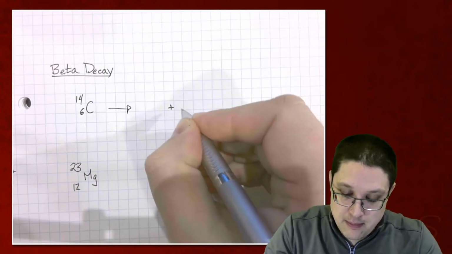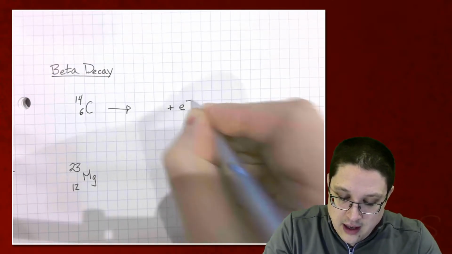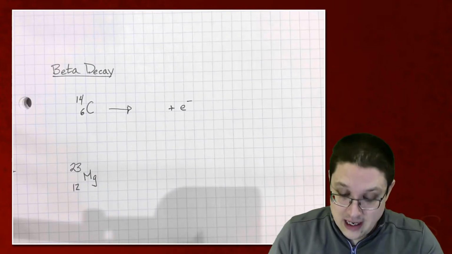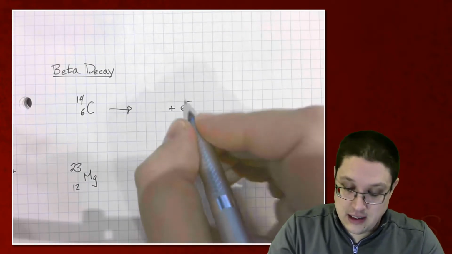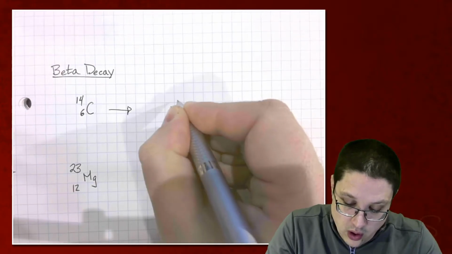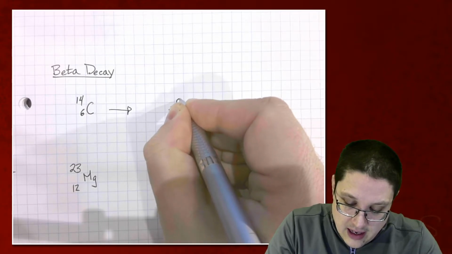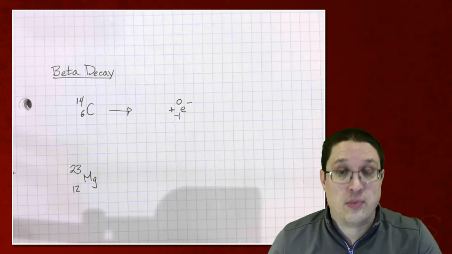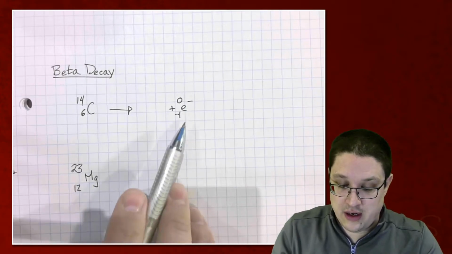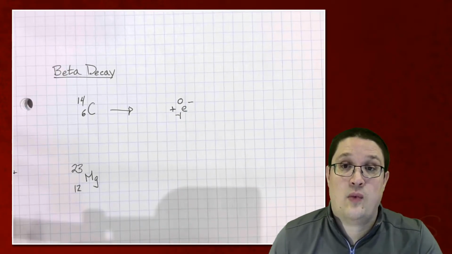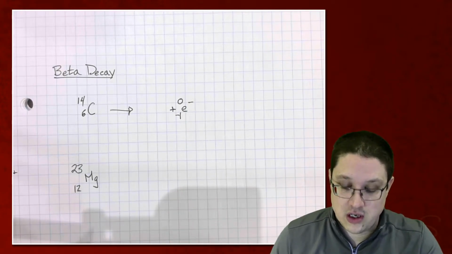Beta decay means it emits an electron. An electron has a charge of -1, and it is not a neutron or a proton, so it has a 0 there. We can actually write -1 here for the charge.